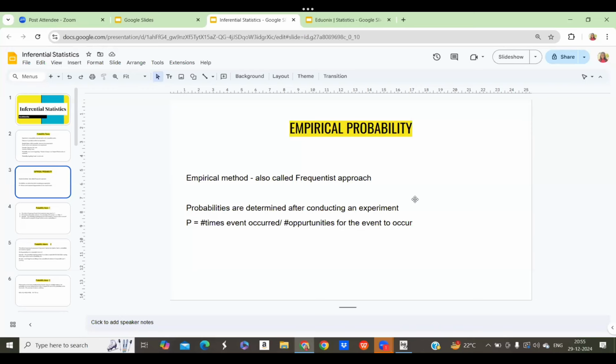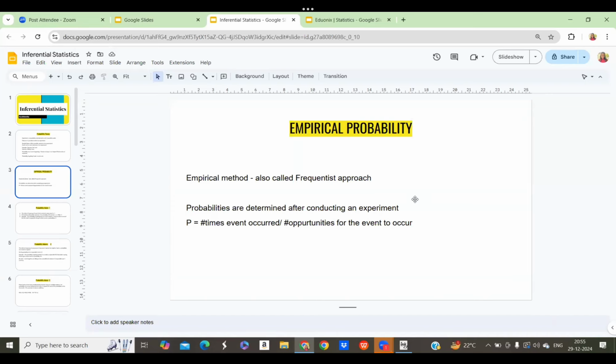Let's say if I ask you that what is the chance of getting head if you flip the coin for 100 times. Okay, so what you will do? You will literally flip the coin and will check how many times you are getting head. आप 100 times ये flip करोगे and check करोगे कि कितना time मुझे head मिला.